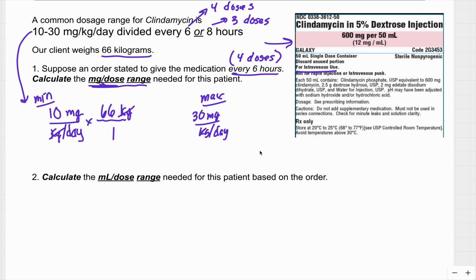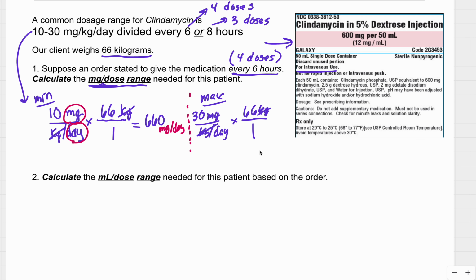And when I do that, kilograms cancels, and I'm left with 660, and the units remaining are milligrams per day. So I'm going to write milligrams per day. I'm going to make a little line here. And let's just do the same thing to the maximum. So let's go ahead and multiply by 66 kilograms.